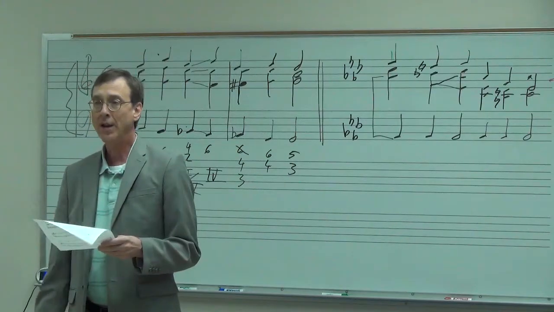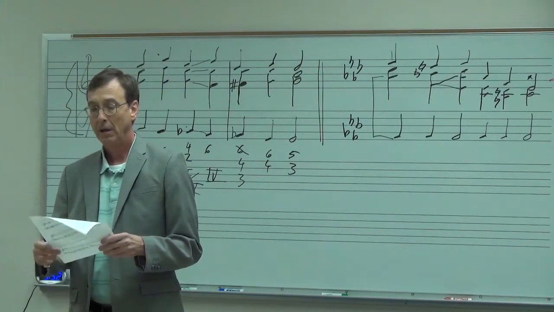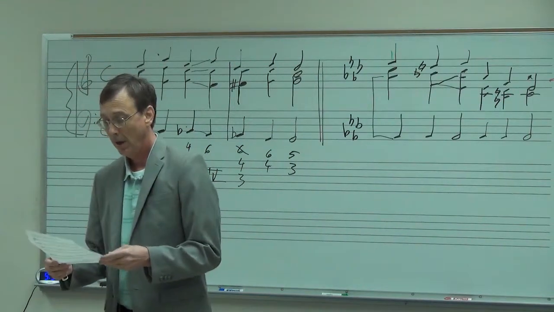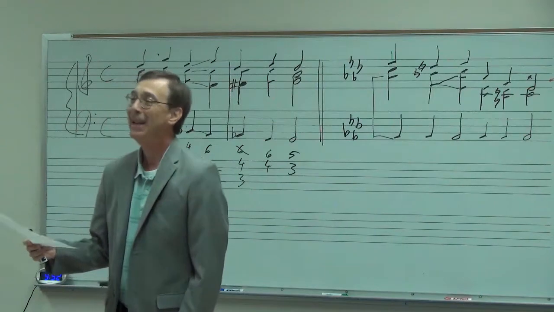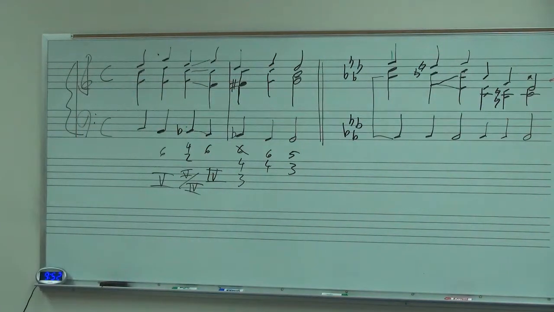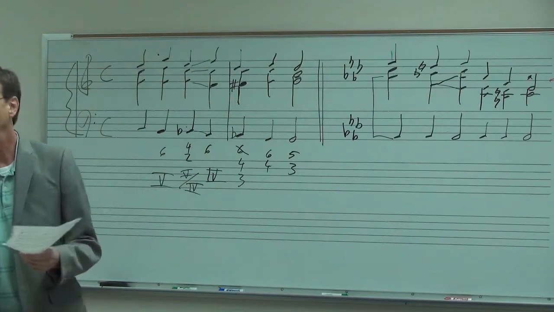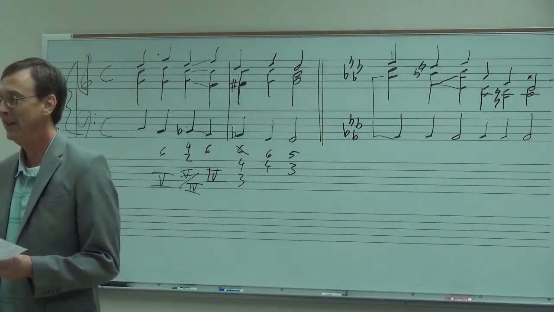Okay, shall we do one? Which? First one. Oh, gee, come on now. Okay, let me tell you what we need to do on the first one. We have to have a common chord modulation. Where is the common chord?